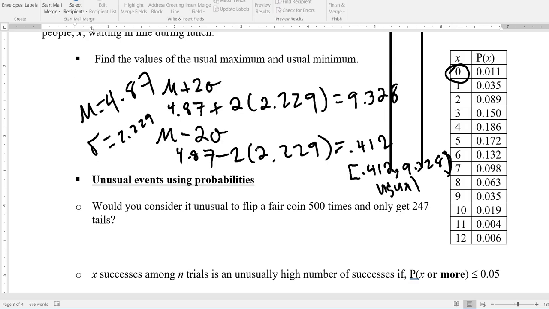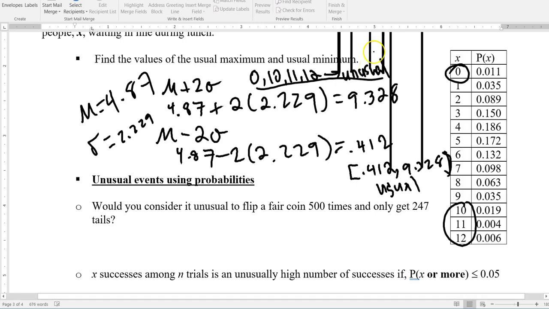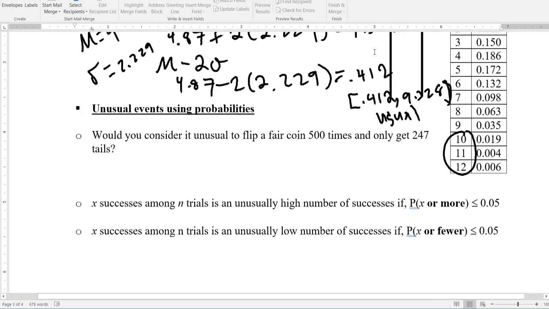Anything past 9, like 10 through 12. So using this rule, we would consider 0 and 10 through 12 are considered unusual. I'm not even going to mess with it. Okay?